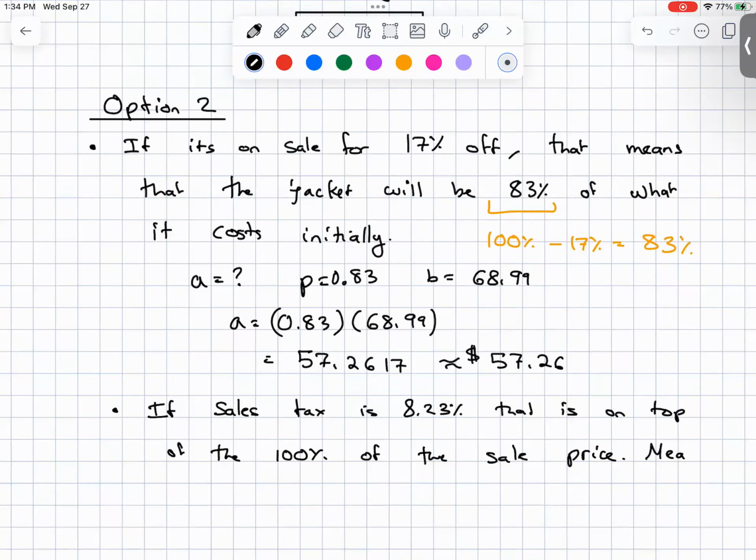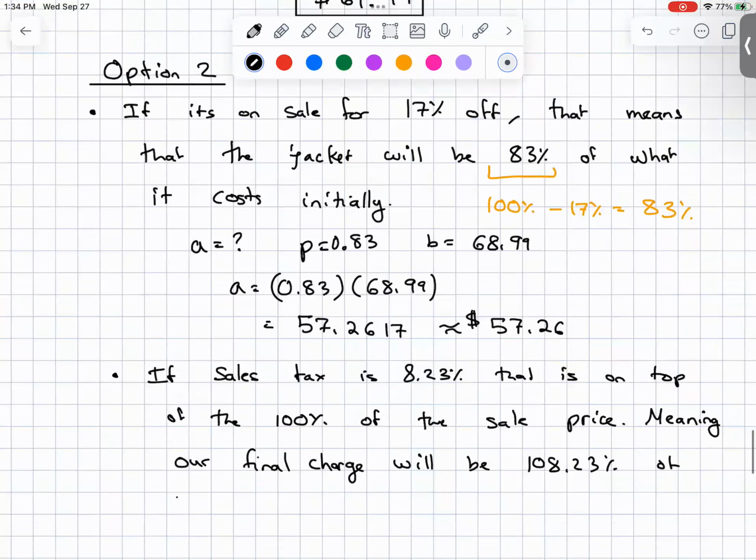Meaning our final charge will be 108.23% of the sale price.